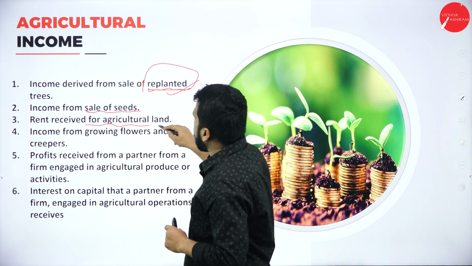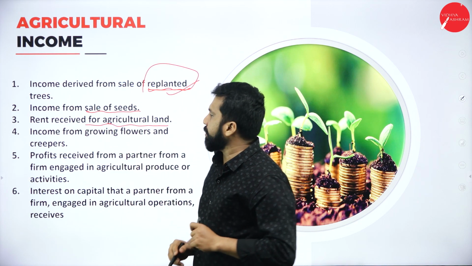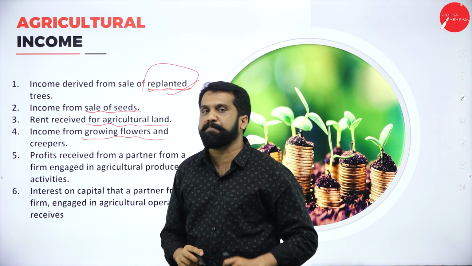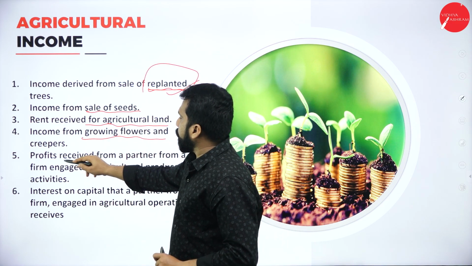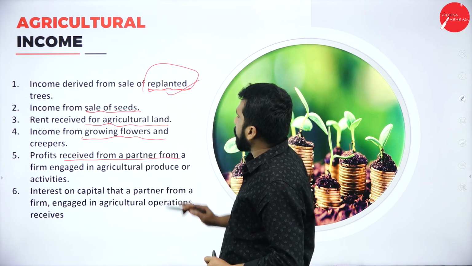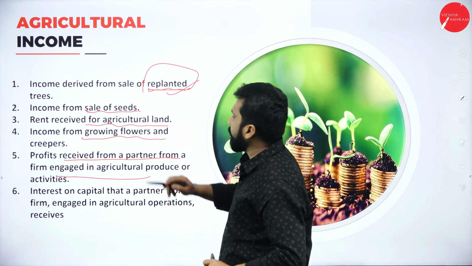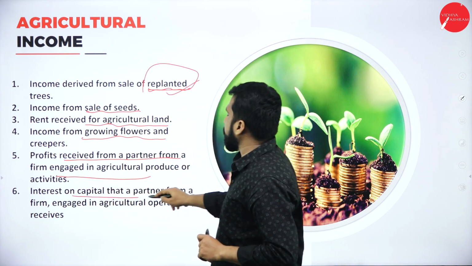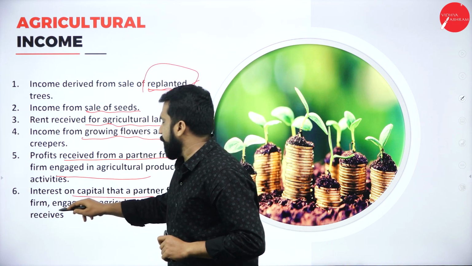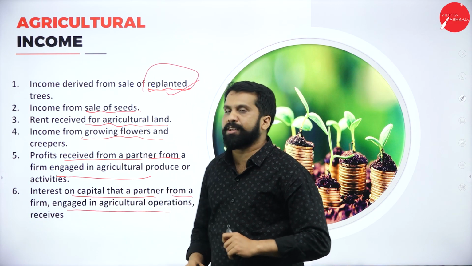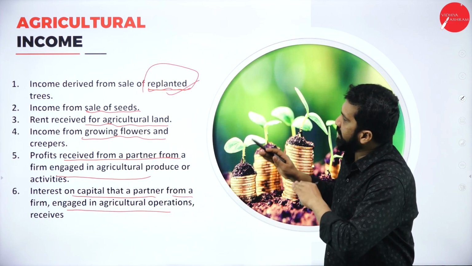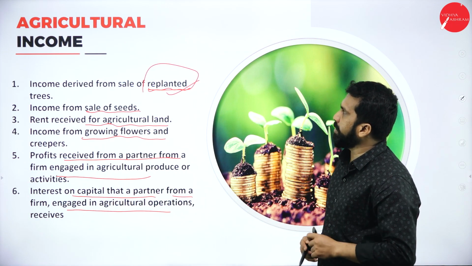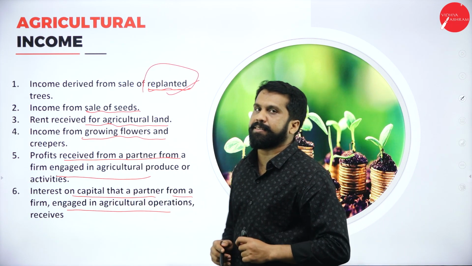Rent received from agricultural land is agricultural income. Income from growing flowers and creepers is agriculture. Profit received by a partner from a firm engaged in agriculture is also agricultural income. Interest on capital received by partners from a firm engaged in agricultural operations. Any 5 of these points you should remember as coming under income from agriculture.